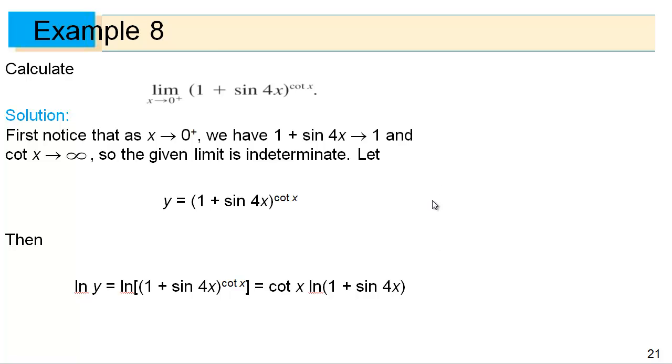All right, so we recognize it as one of our indeterminate forms that we can work with. So we say that the limit of this function is going to equal y. We take the natural log of both pieces, and now we just have the cotangent of x come down, times the natural log of this stuff.